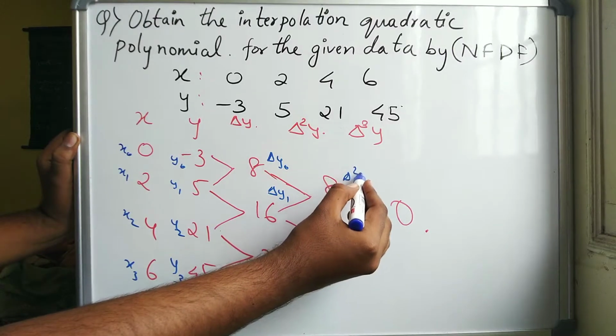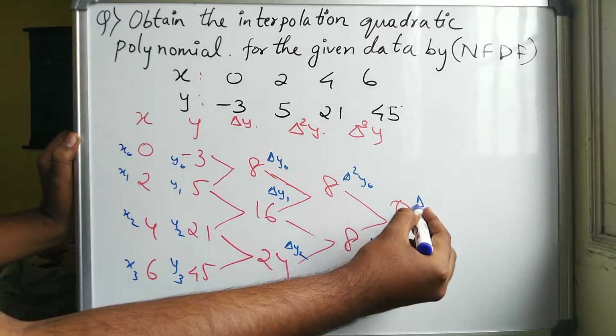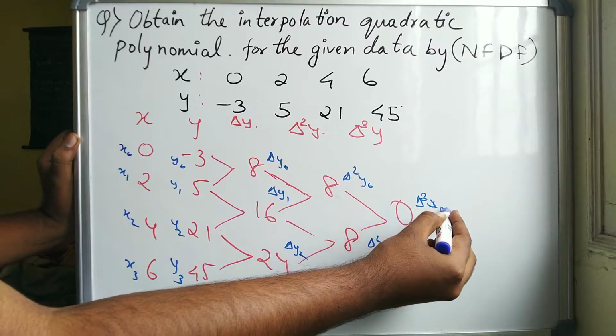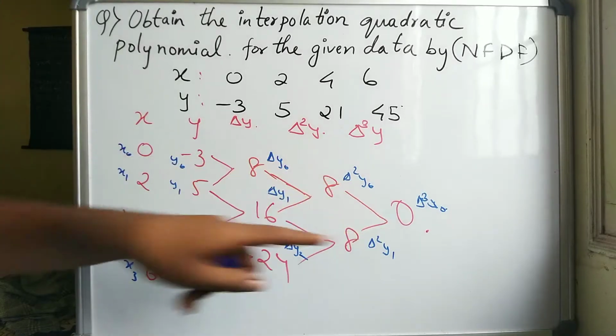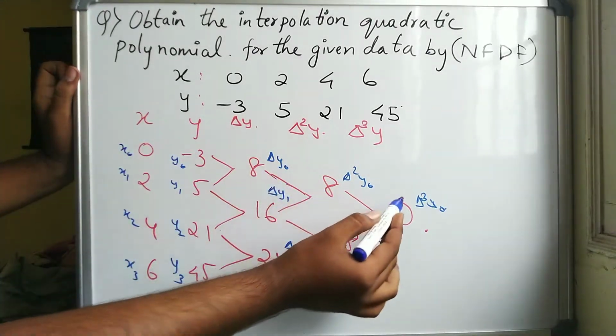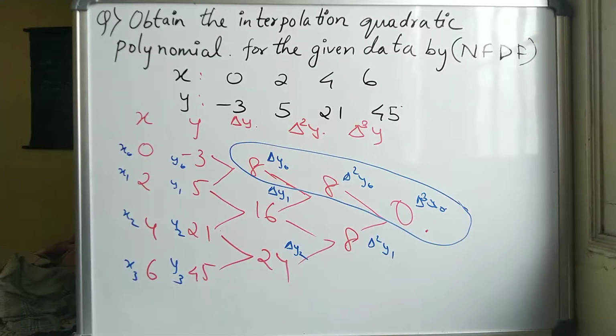Here delta square y0, delta square y1. Here delta cube y0. We are using only the upper values, all the diagonal elements, in the formula, and y0. So after forming the table, next you have to substitute these values in the formula.